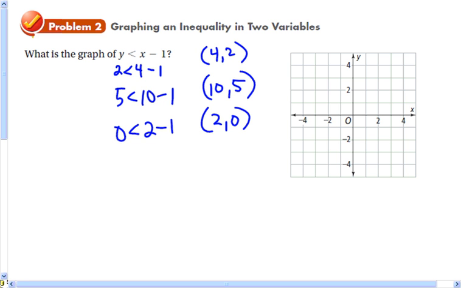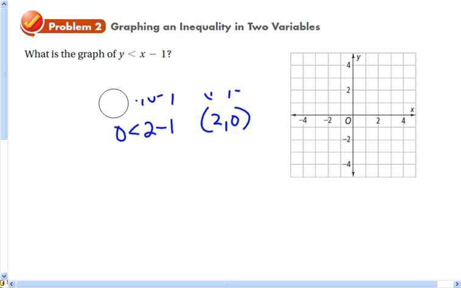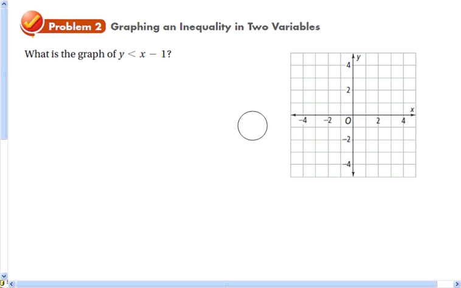Well, if I plot all these points that are solutions, including halves and all real numbers, I'm going to end up with a pattern on this graph. The pattern will have a boundary line at the related equation, y equals x minus 1.